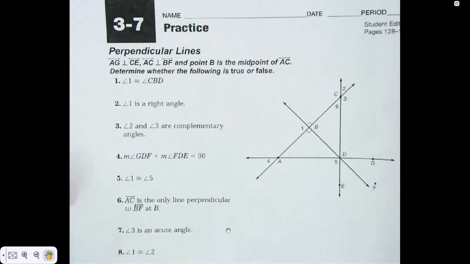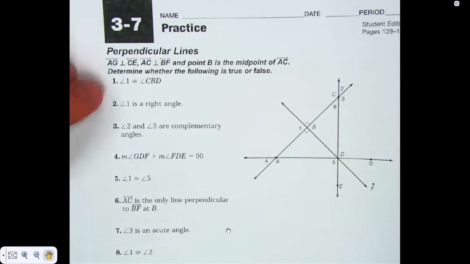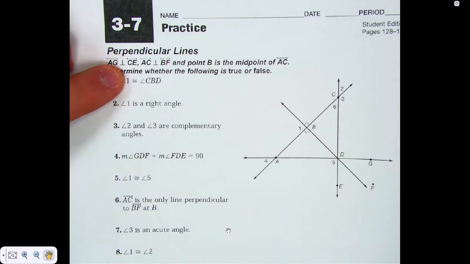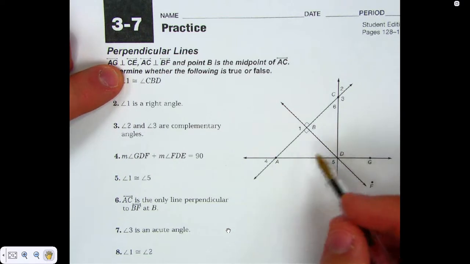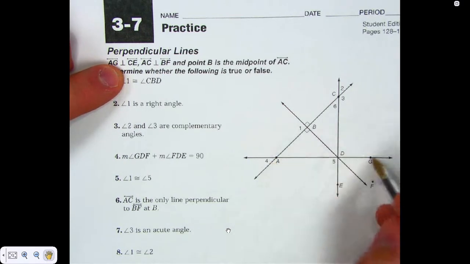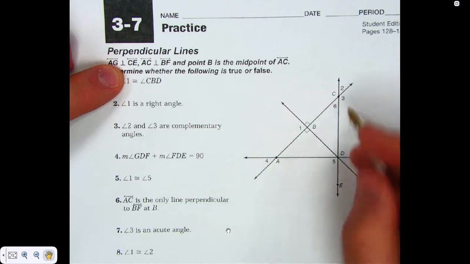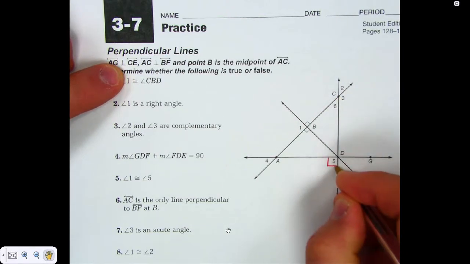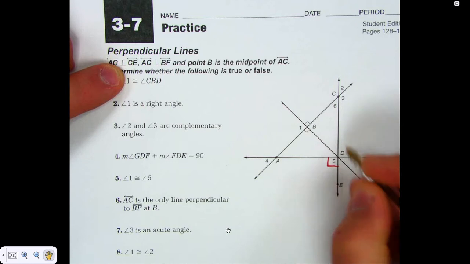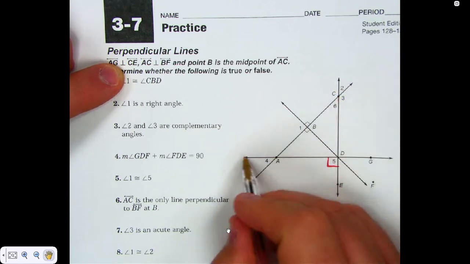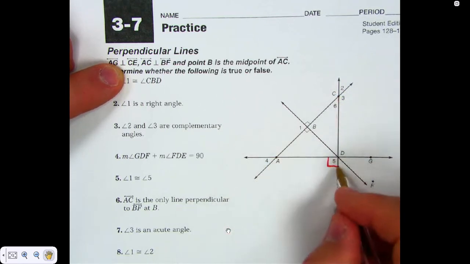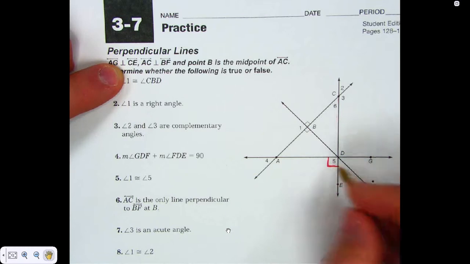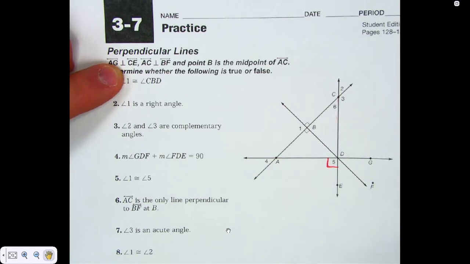First of all, let's see what they say to us here. AG is perpendicular to CE. A to G, that's this one right here, is perpendicular to C to E. So that means that this is a right angle. You see how this is CE? And they just told us those are perpendicular, so that angle is 90, correct?